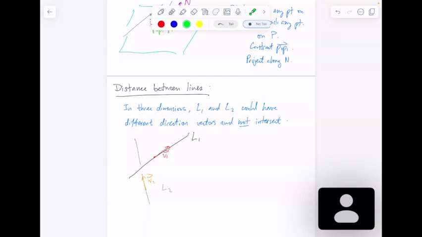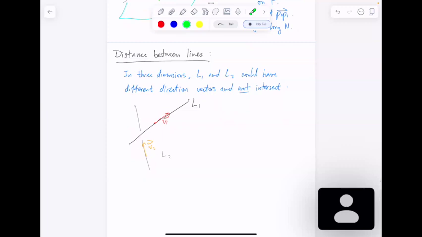Okay, so there are quite different behaviors of L1 and L2 to consider, because you could have 2 lines associated with 2 different vectors, and you want to find the shortest distance between them. If they don't intersect, it's going to be a positive distance between them everywhere, so there's going to be a well-defined distance that's positive.